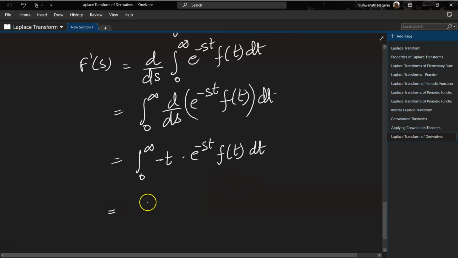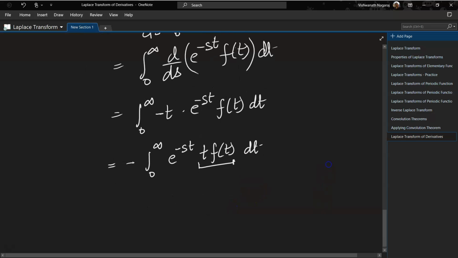This minus can come out. 0 to infinity of, let's rearrange this, e to the power of minus st t f of t. Let's treat this as a single function.